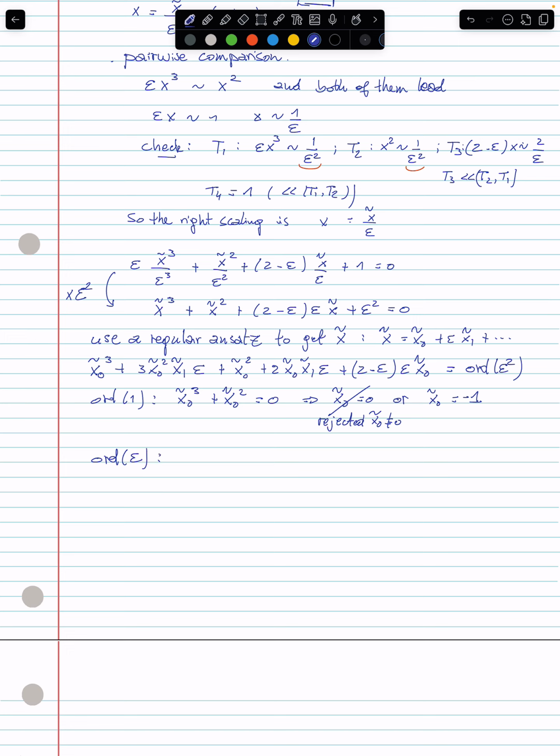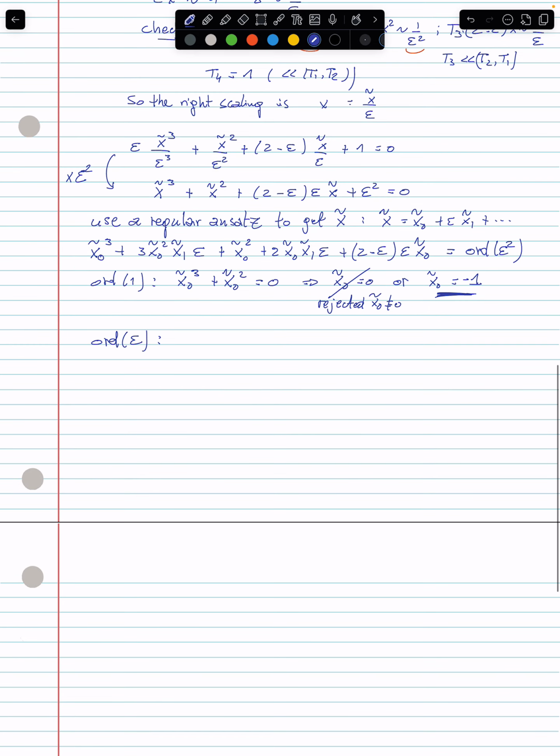All right, and in fact, we are very happy with just one root over here because we are just missing one root of the original problem. So everything is fine, and this is exactly what we should expect. The next contribution will be 3 x0 squared x1 plus twice x0 x1 and then plus 2 x0, and this is equal to 0.